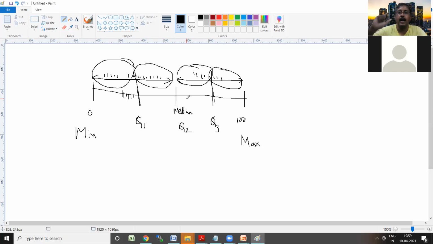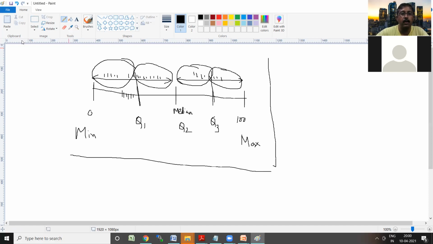But that understanding will be much more fine-grained, because in this case we are distributing the whole set of values into four compartments, and for each compartment we are trying to figure out how many observations are there. So this is how we do a fine-grained analysis of the data spread, and we use the quartiles for doing that.